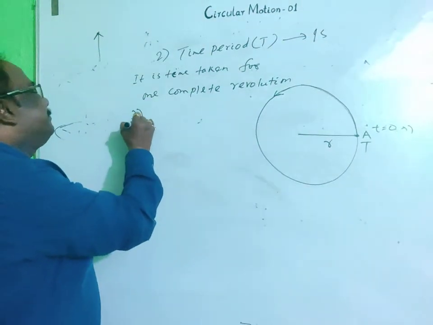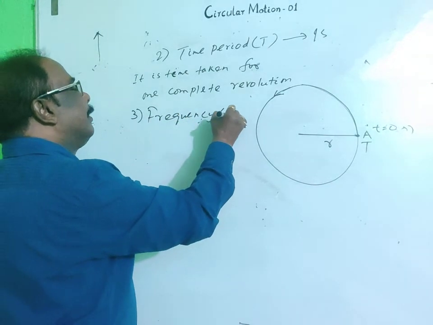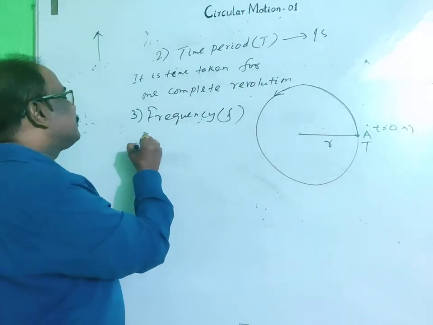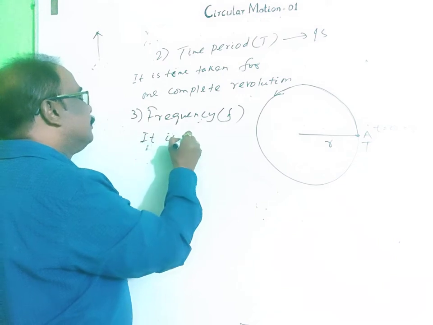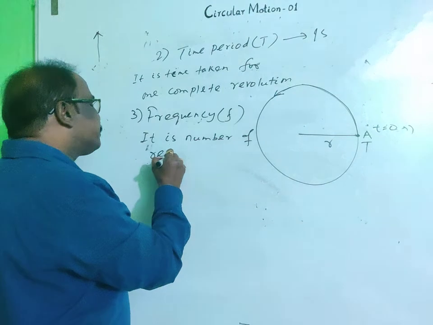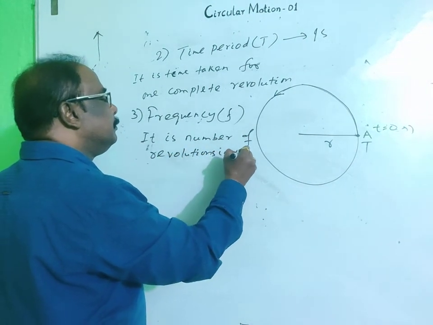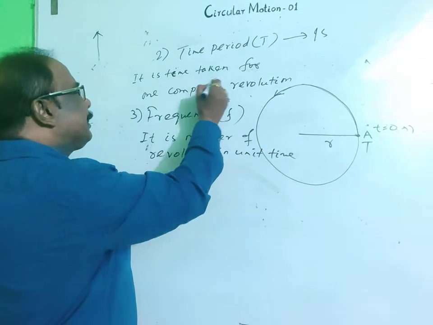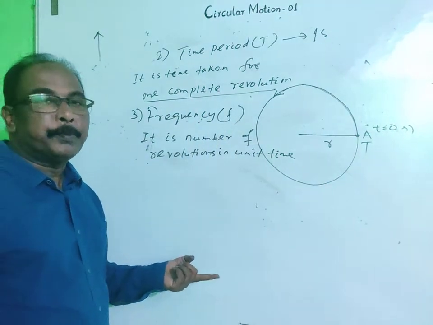Then the next term, frequency, F. So what is frequency? Just the reciprocal, you know it. It is the number of revolutions in unit time. This is the time taken for one complete revolution, but frequency is the number of revolutions per unit time.